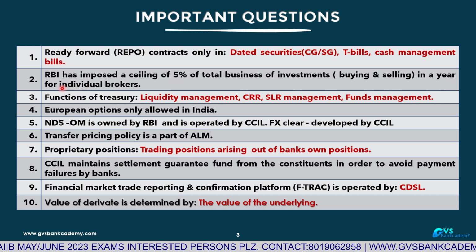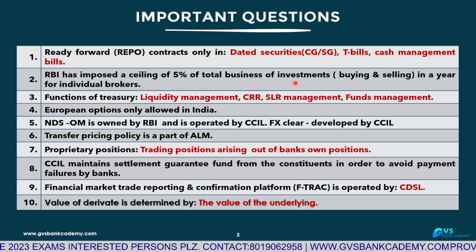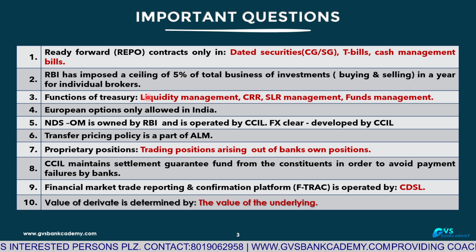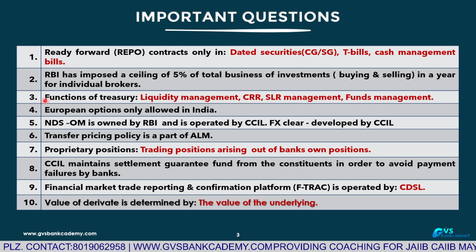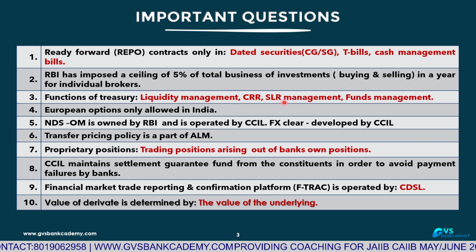This is the individual broker ceiling: not exceeding 5% of total investment business, that is, buying and selling during a particular year, through a single broker. That is the limit. Third, functions of treasury: main functions are liquidity and reserve management, CRR, SLR management, and funds management.